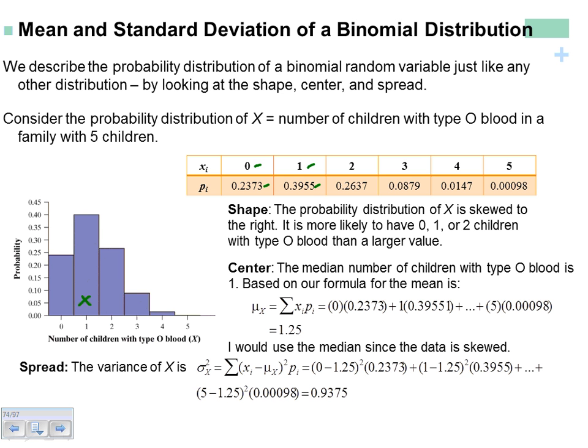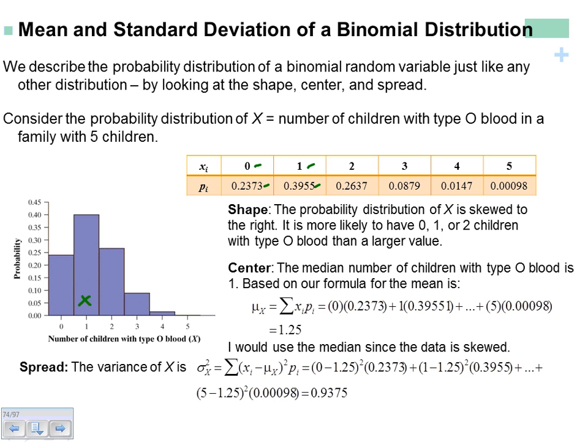So stat edit, just so I can state what those are. I don't think I got them typed up. So 0, 1, 2, 3, 4, 5, 0.23, 0.39, 0.2637. Hopefully you're putting it in your calculator too, so you can look. 0.0147. Make sure I don't have a typo.